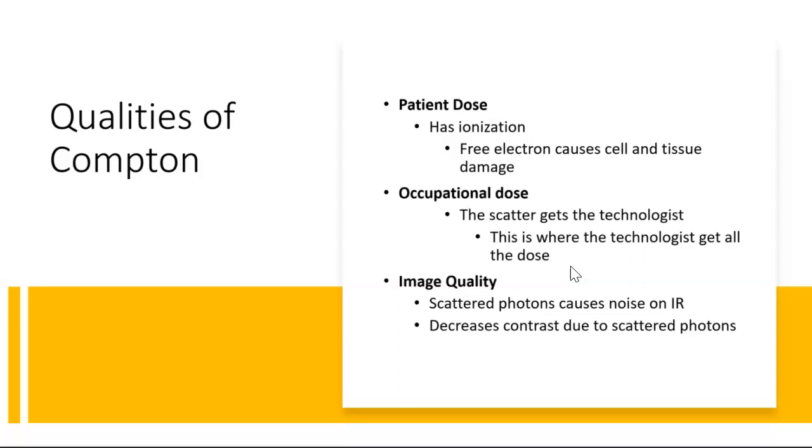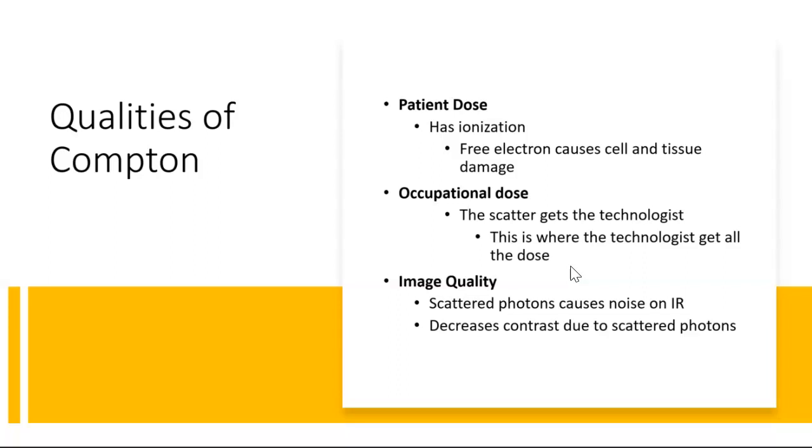Image quality. Scatter photons cause noise on our IR, okay? When they pass through, they're coming out at an angle, so they're not representing the anatomy with which they're interacting. It's not going straight down to show the spine. It's actually taking the spine and putting it over by where the kidney is. So we call that noise.